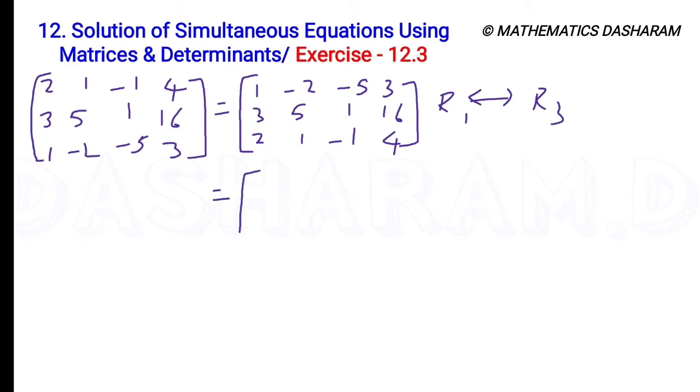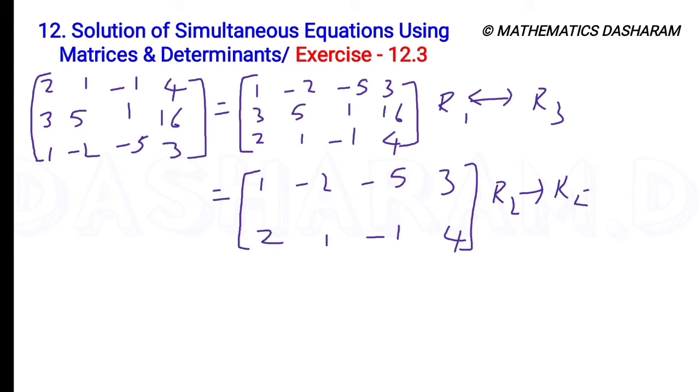To get the 0, the first row is written as it is, and the third row also as it is, but the second row is replaced with R2 minus 3 into R1.